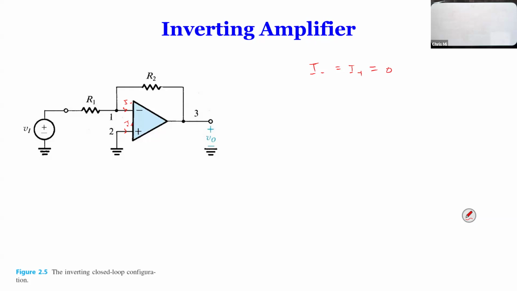So if no current goes into the op-amp, assume there is a current I over here, and we call this voltage here V1, and this voltage over here VO. What happens between I1 and I2? Okay, this is called II. You can probably tell me right away that I1 is going to be equal to II, right? You see the current going this way.